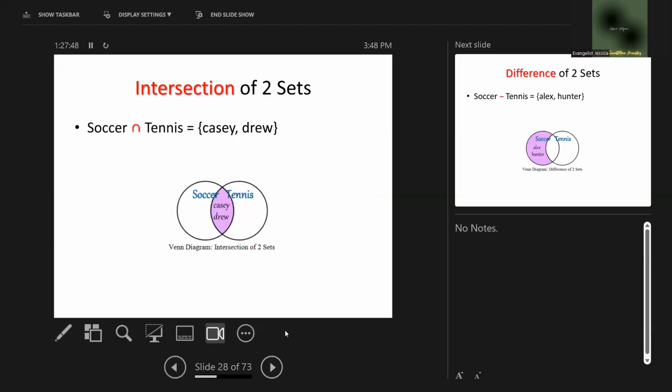The intersection means people who play both of them. The union means people who play either soccer or tennis. The intersection means the people who play both soccer and tennis. You only have Casey and Drew.